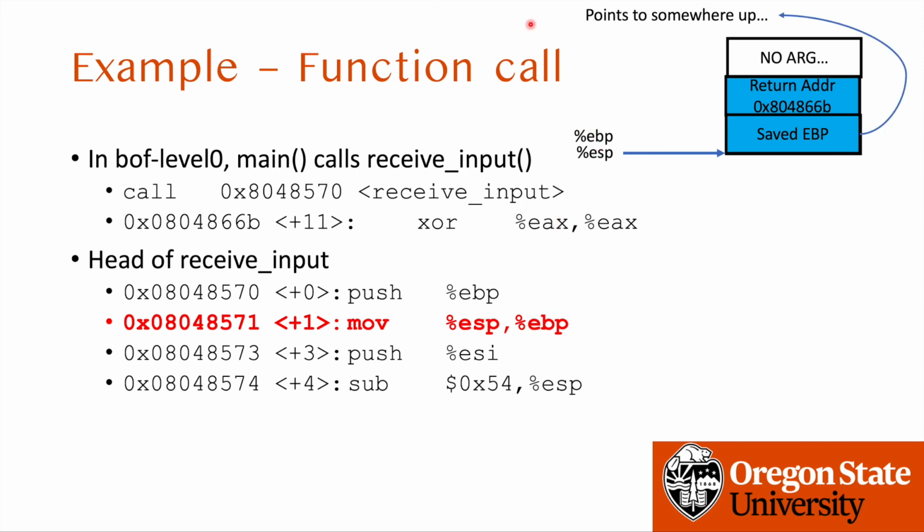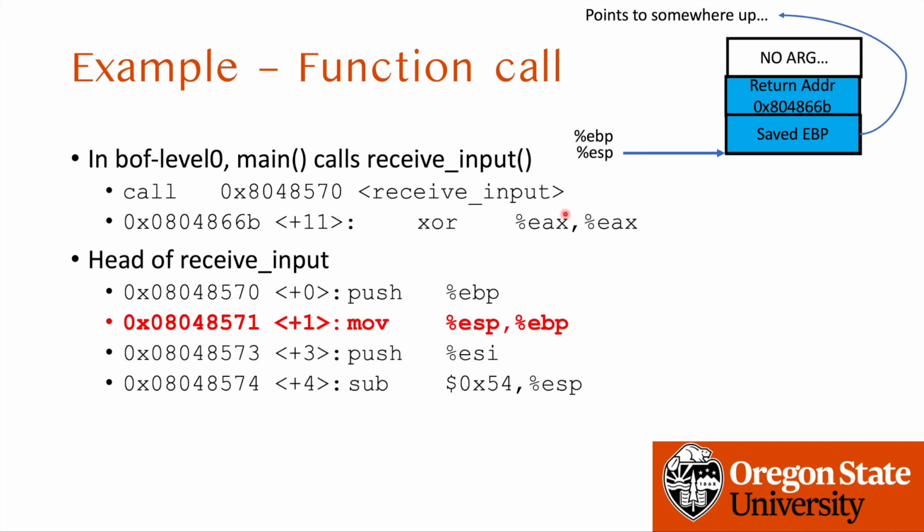So EBP moves down to here. But please note that we saved the previous EBP value in this location, so we can restore it. That's actually the start of the stack of the main function, and we can restore that when we return from the receive input function.